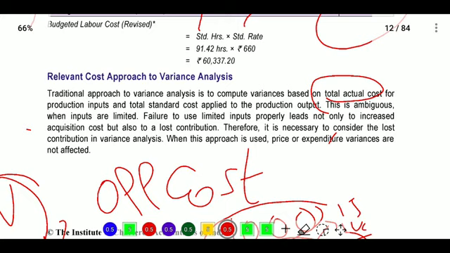It is necessary to consider the lost contribution in variance analysis. This is the relevant cost approach to variance analysis.